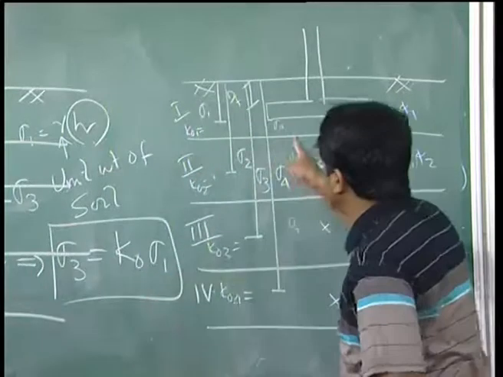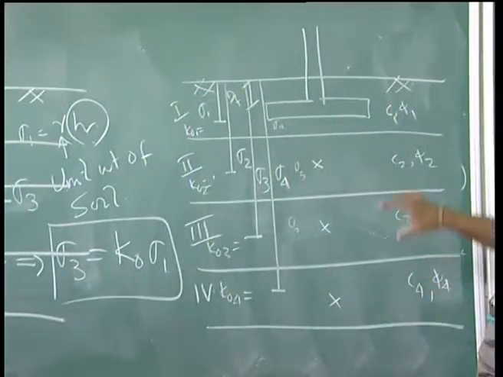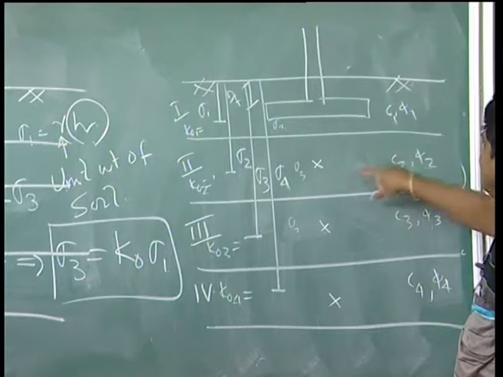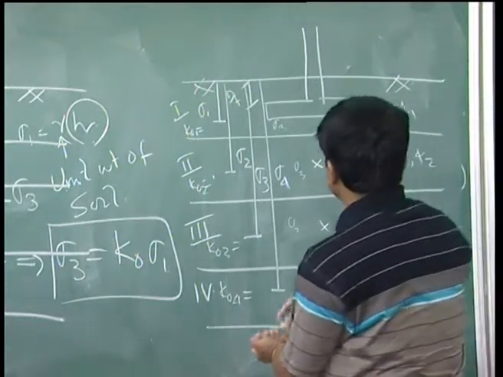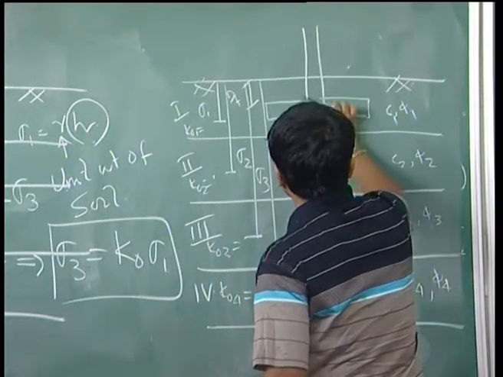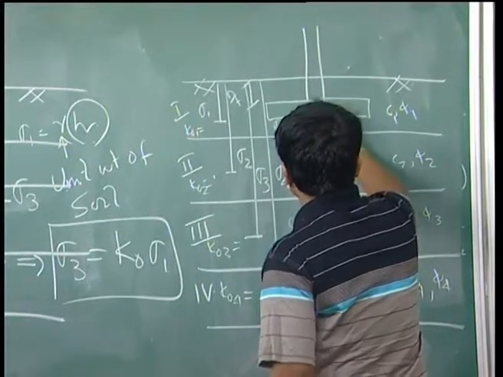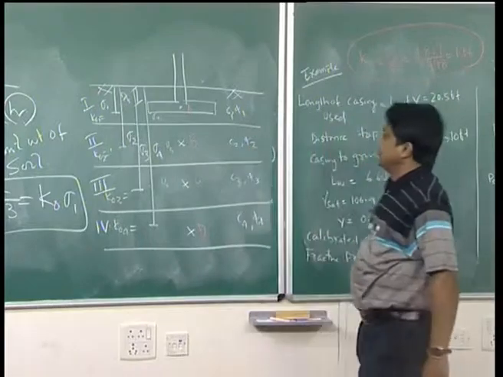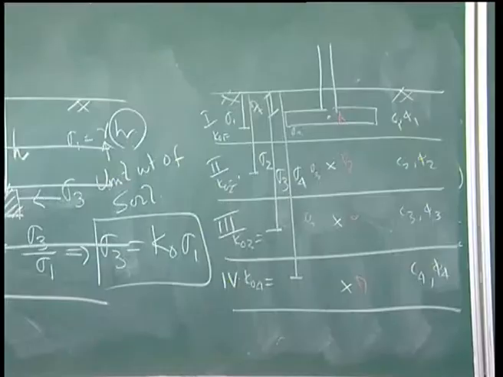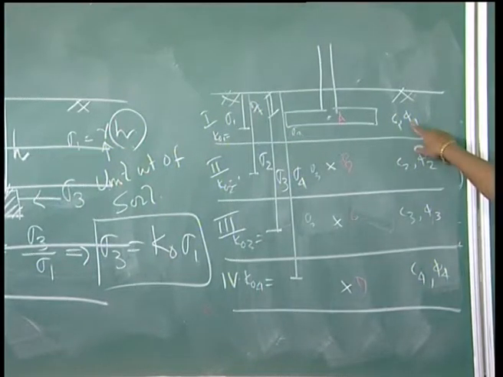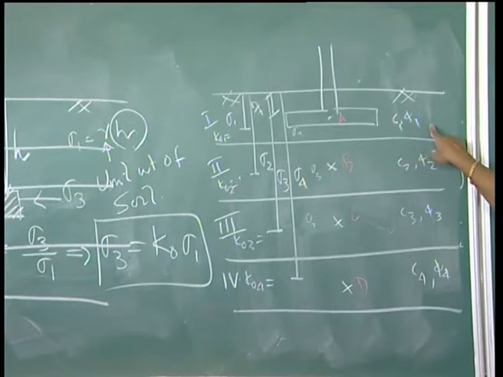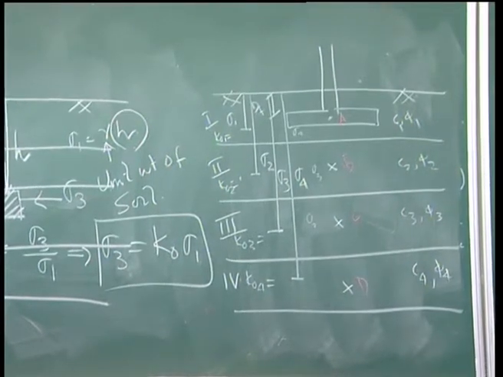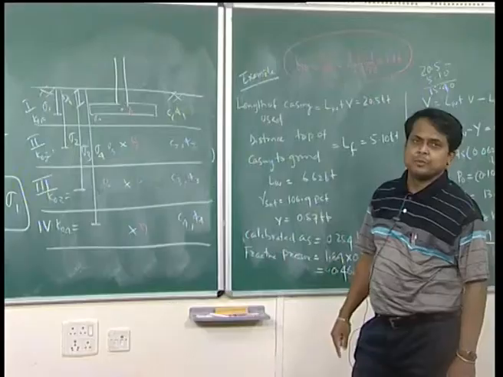Once you know the sigma 3, then for the soil samples you collect from the field at these points, say A, B, C and D, you can easily conduct the triaxial test in the laboratory to find the parameters C1 phi 1, C2 phi 2, C3 phi 3, C4 phi 4.